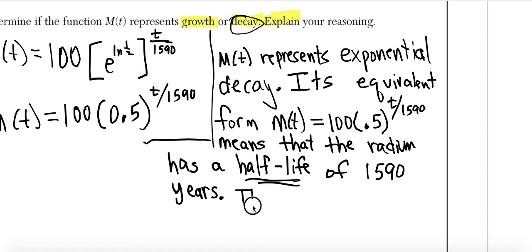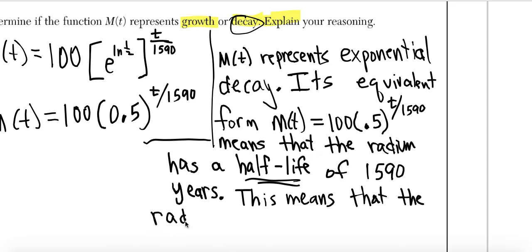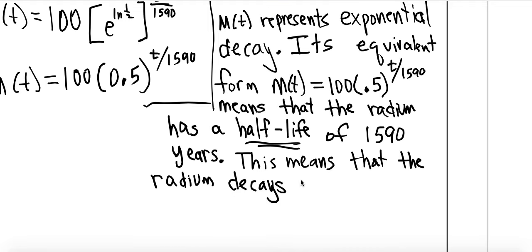In other words, this means that the radium decays, we could say at a rate of 50% every 1,590 years, or we could say that it loses.